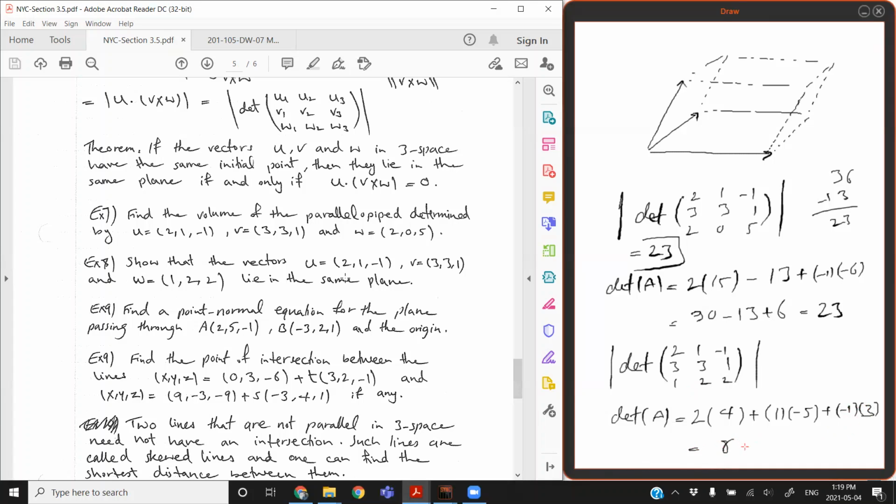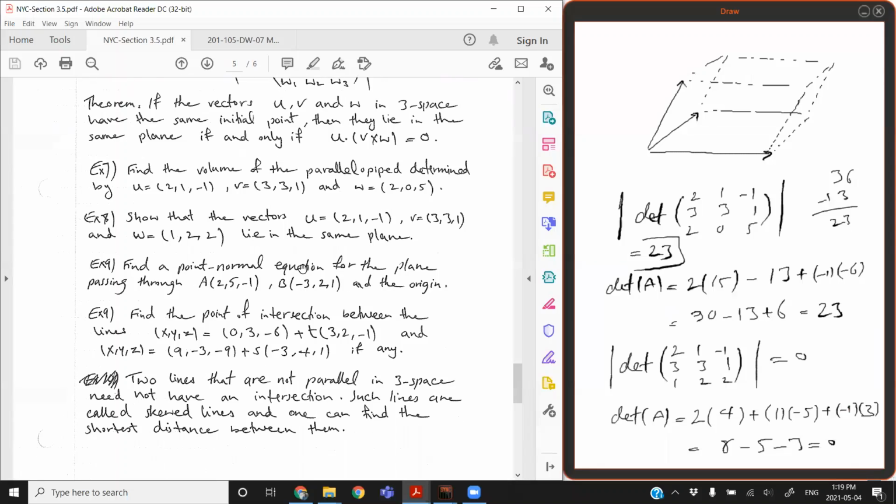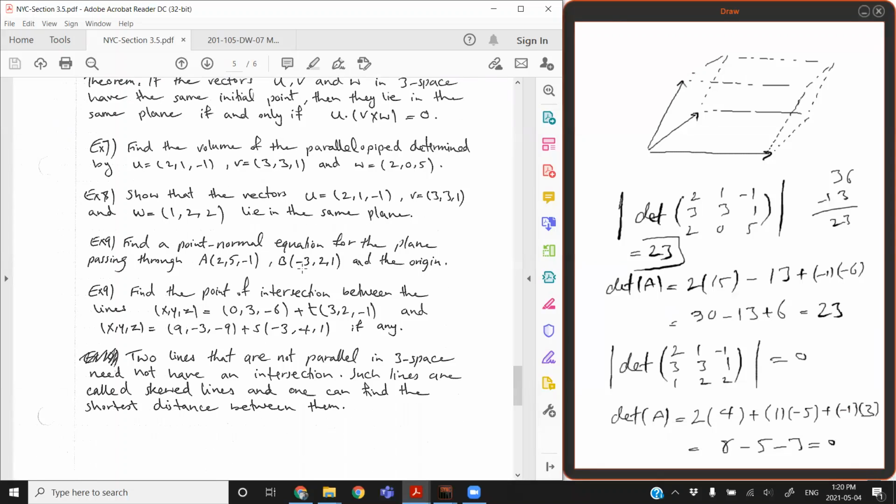So I get 8 minus 5 minus 3, that's 0. Okay, so that means the volume of the parallelepiped determined by these 3 vectors is 0. That means, according to this theorem, that the 3 vectors lie in the same plane. Very good.